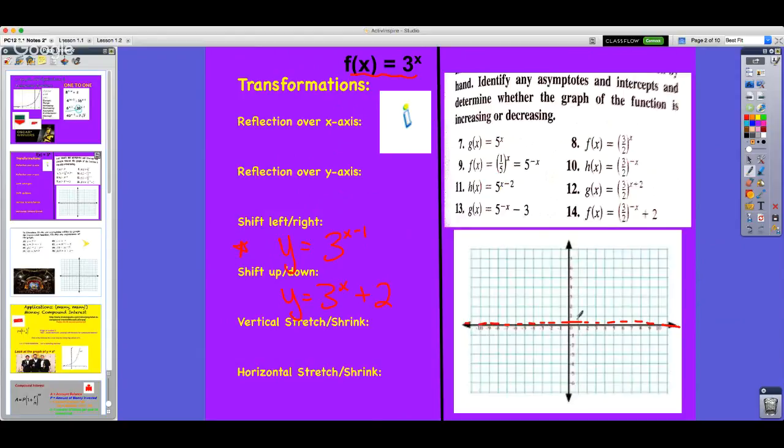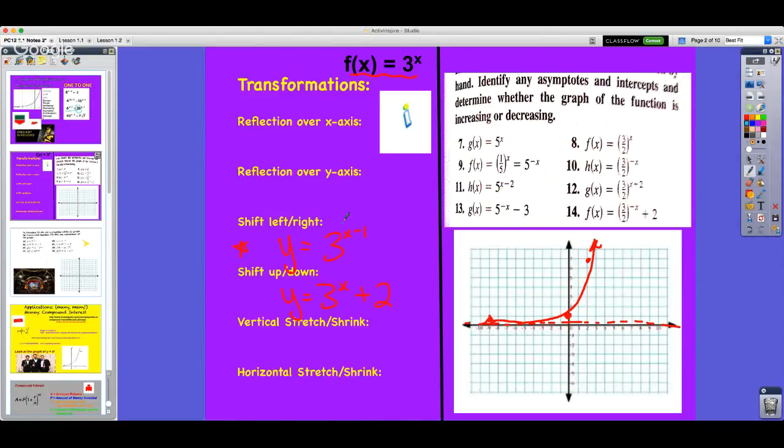If I plugged in 0 for x, what would I get out for y? 1, right? And if I did 3 to the second, what would I get here? 9, right? Okay, so we're going to go up 9. So do you see how this graph is the traditional one, Josh? I know it's a little off, but you get the idea there.